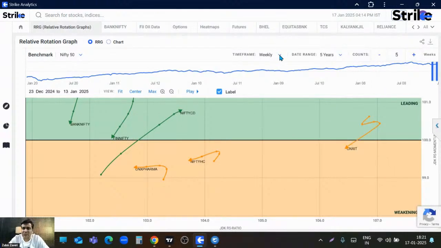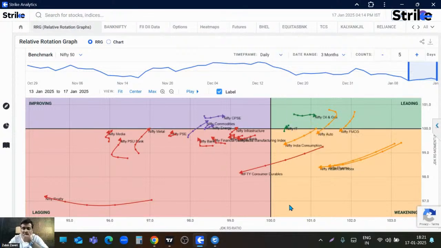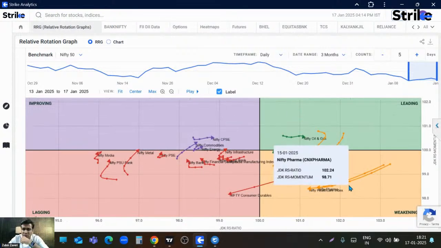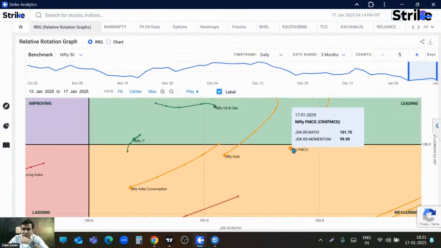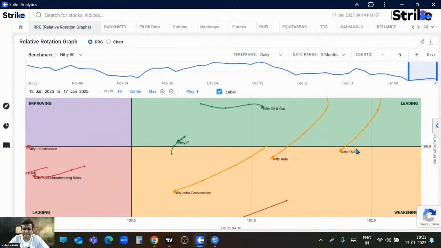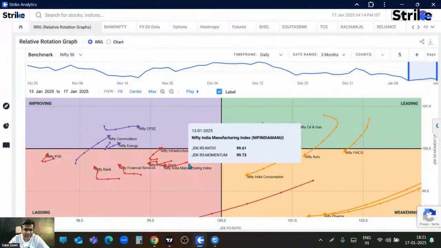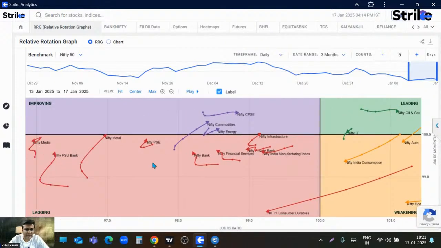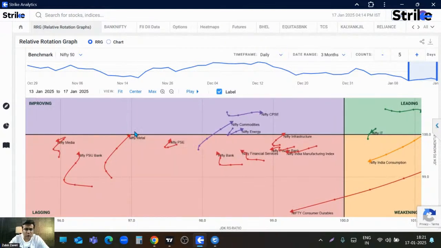Okay, let's look at the daily chart today. Today the market has again come down, a little bit of correction. FMCG down, auto down. All right, IT also in and out over here. Oil and gas in the leading sector segment. Metal is trying to perform.